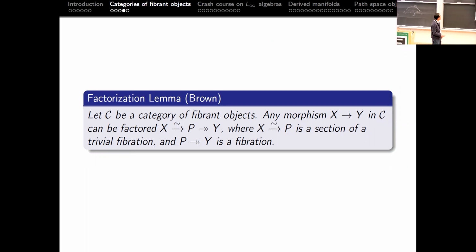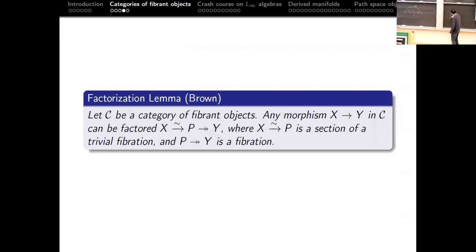Once you do this, any morphism in this category, you can factor. If you have x, q, y, any morphism, you can replace it by a bigger one, just like a loop.